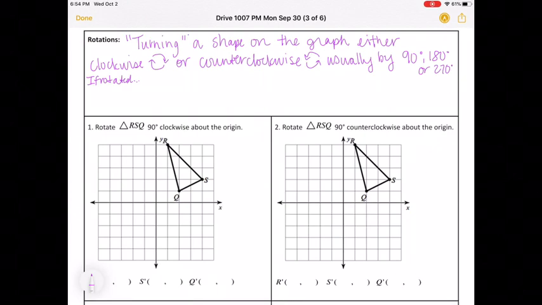And I'm trying to write in cursive so I'm not tapping the screen as much, so sorry if it's a little messy. So if it is rotated 90 degrees, I'm going to put CW for clockwise, all right? So that takes your X and Y coordinate, and what it does is you're flipping the X and Y values, okay?